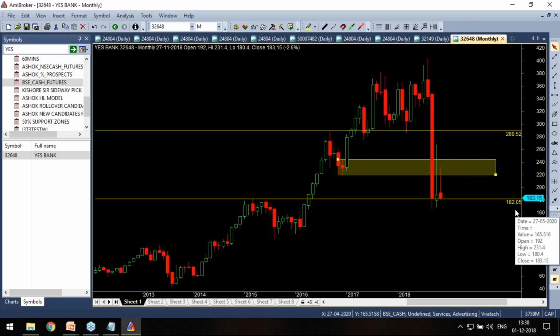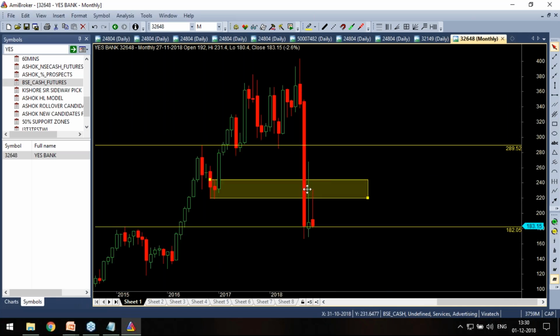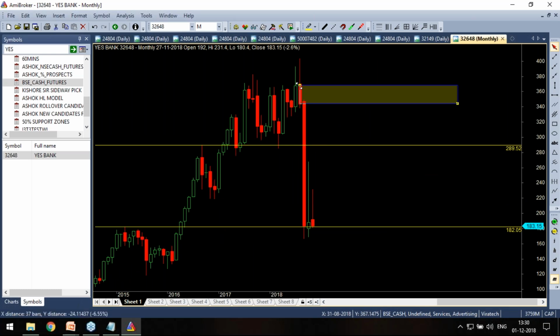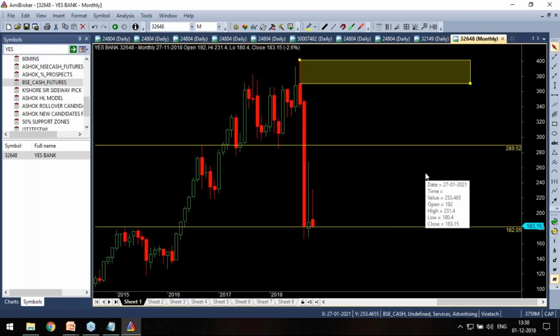News can be dangerous. Now that this zone has been destroyed, this powerful monthly demand FTR is destroyed. This zone is powerful. If price comes back, it can be beaten royally.